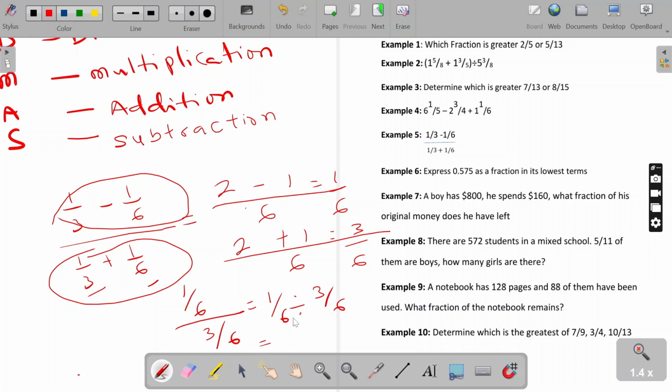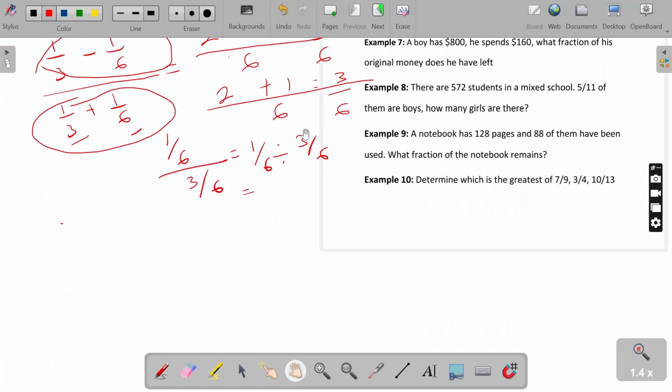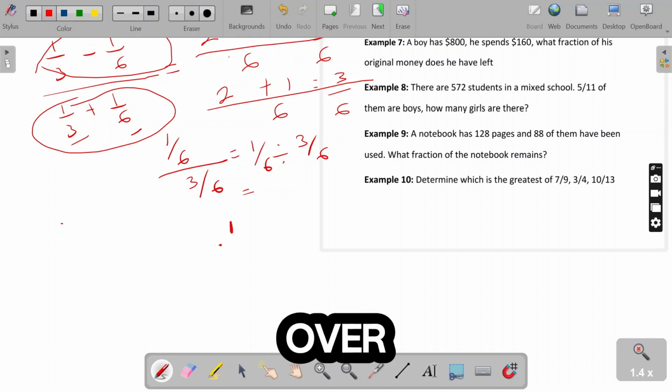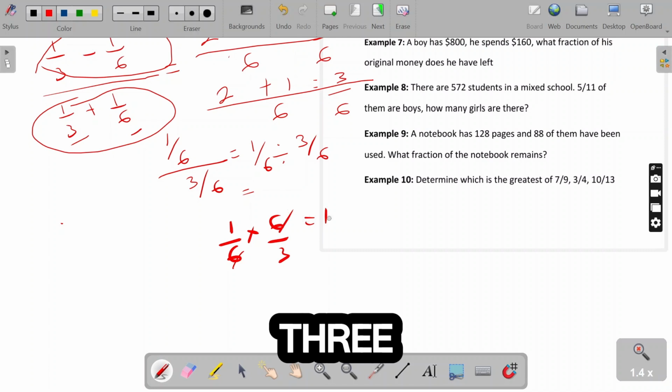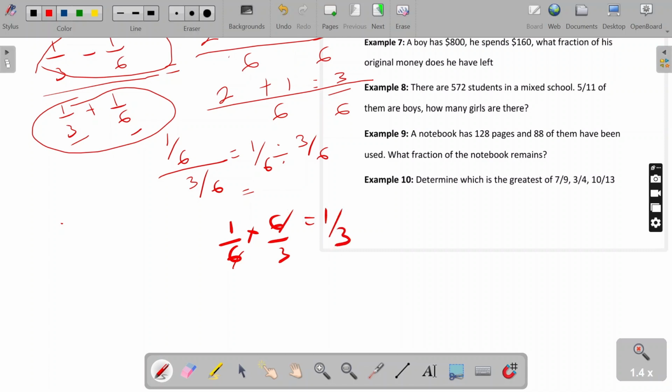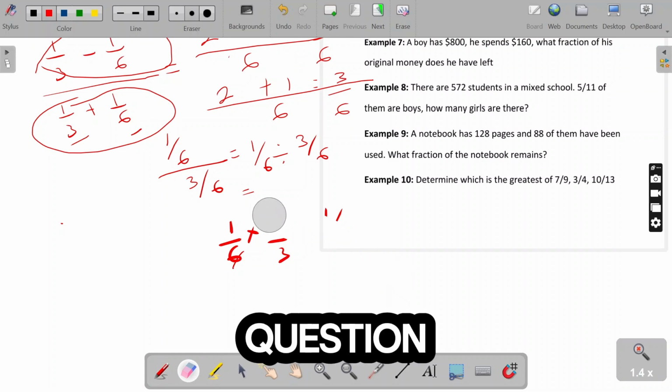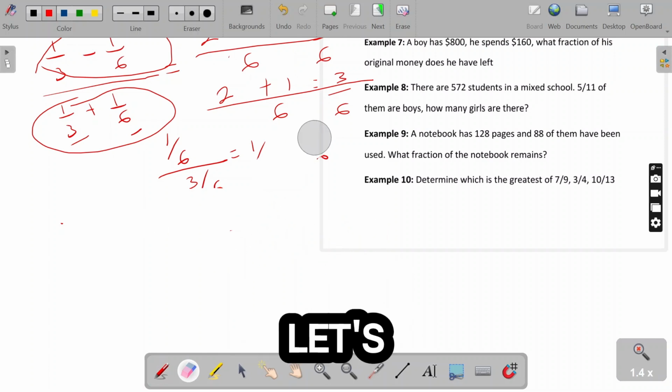That's 1 over 6 times 6 over 3, and that will give me 1 over 3. So that's the answer to this question. So let's continue.